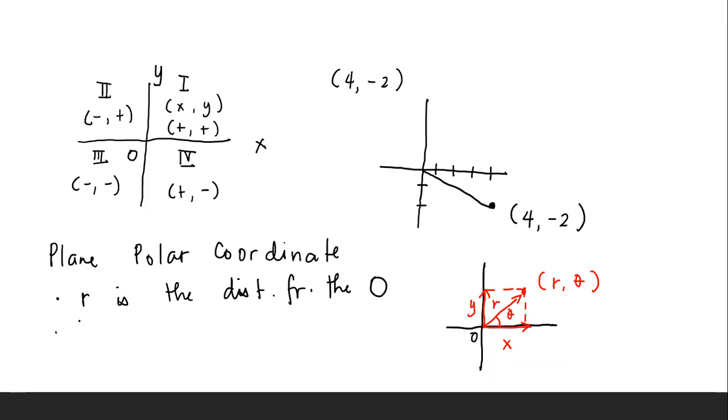While theta is the angle between r and a fixed axis, usually measured counterclockwise from the positive x-axis.